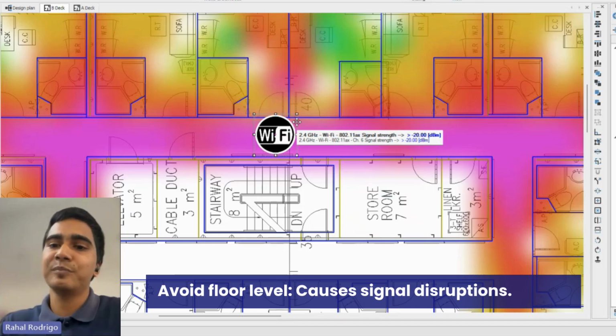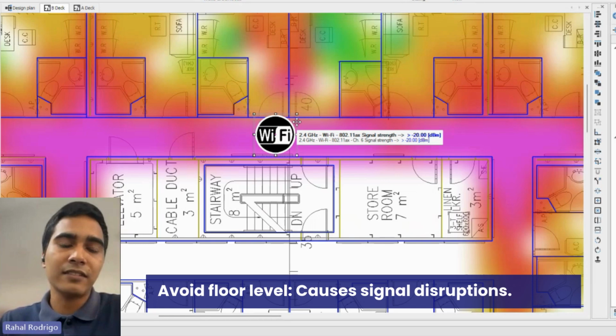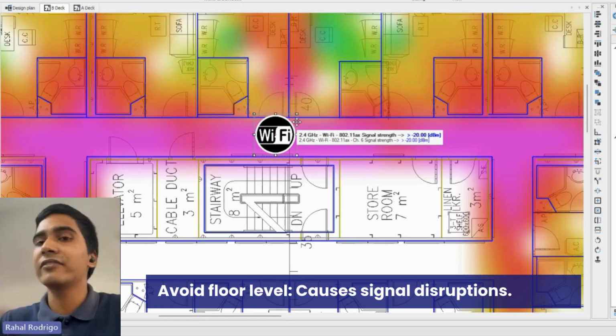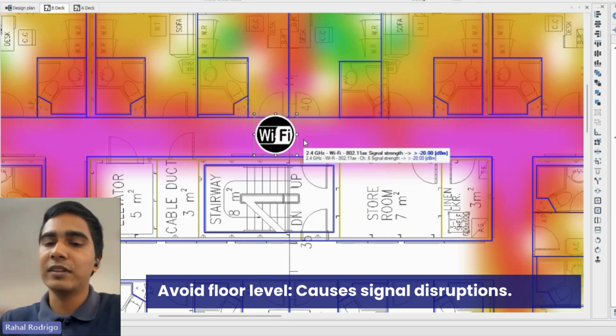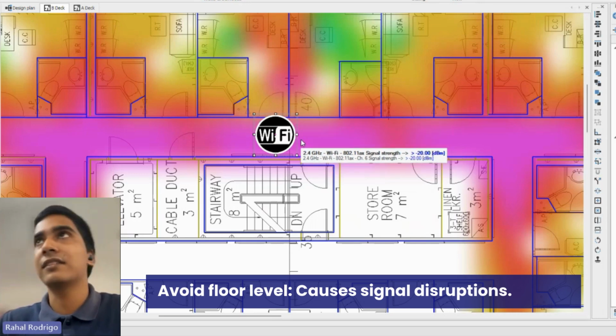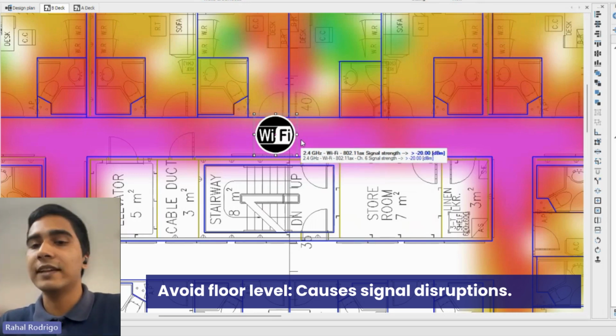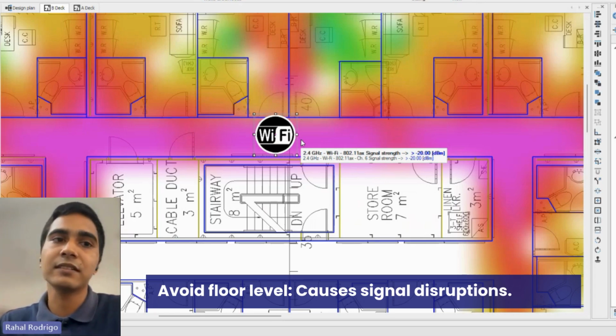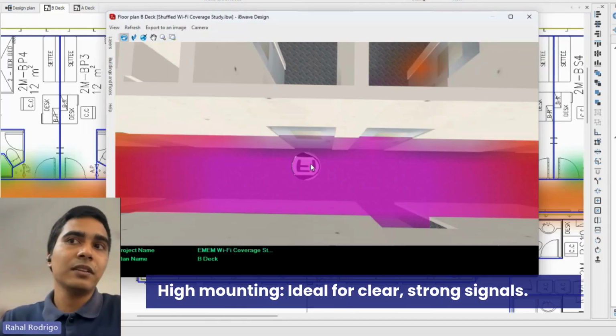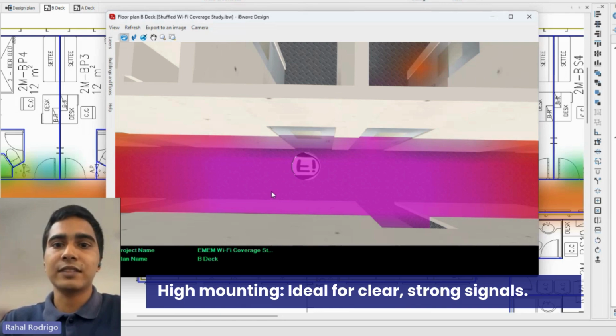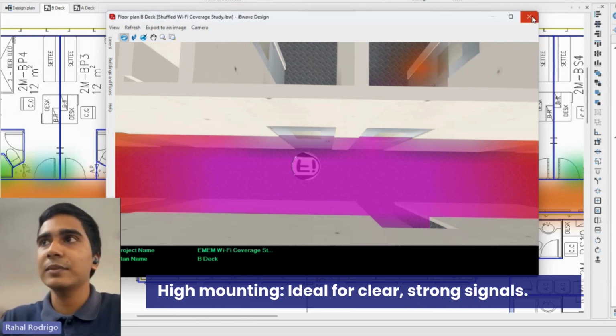Generally, it's a pretty terrible idea to mount an access point at floor level because all the furniture and people's movements would give it pretty bad line of sight with devices such as laptops, smartphones, and other Wi-Fi endpoints.